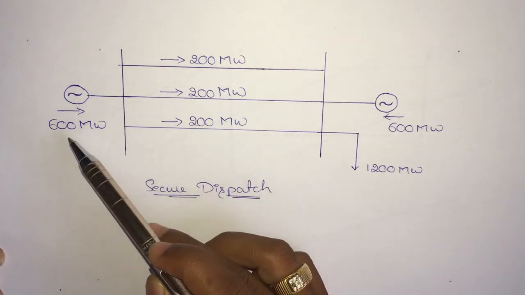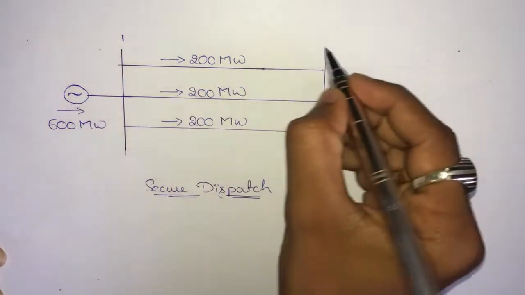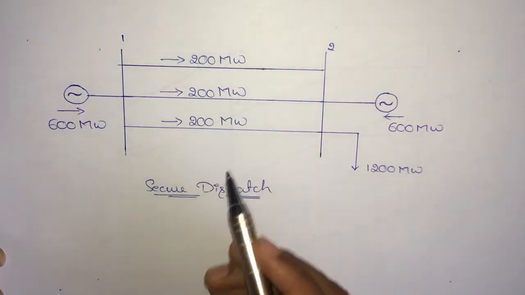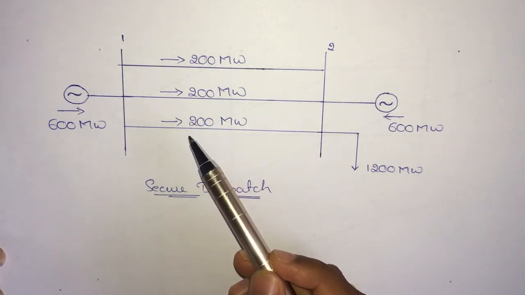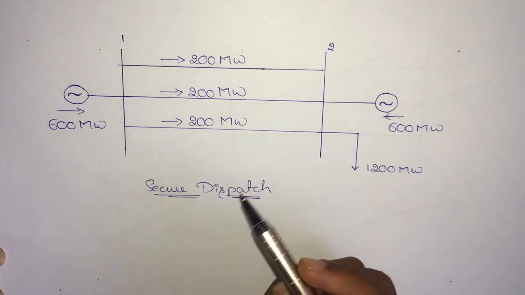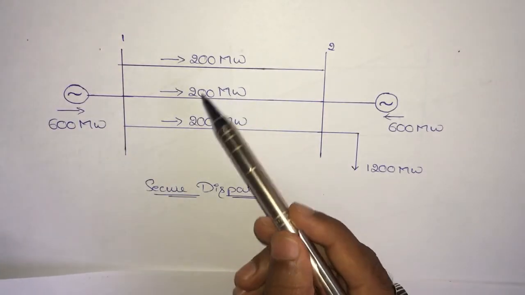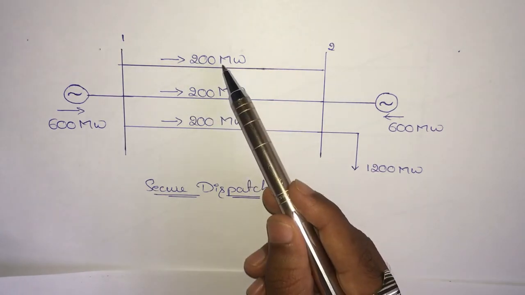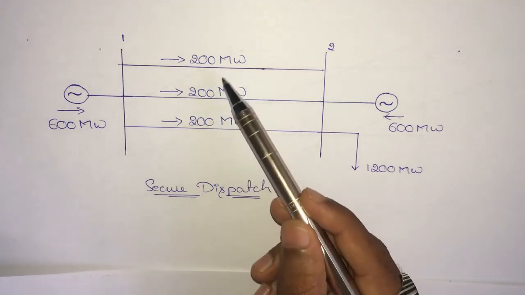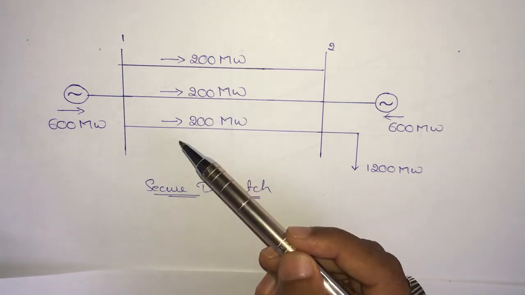Since it is 600 megawatt, we need to transfer 600 megawatt from the first bus to the second one, and now we have 200 megawatt on each line. The economically optimal case was, remember, 300 megawatt. Now the lines are carrying less than 300 megawatt. Now they are not overloaded. You can see there is no contingency here yet. Each is carrying 200 megawatt.